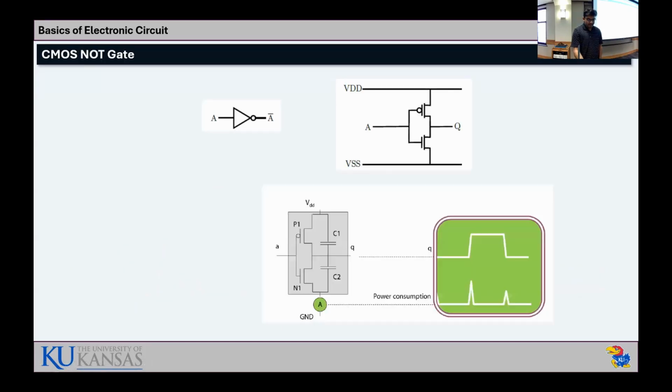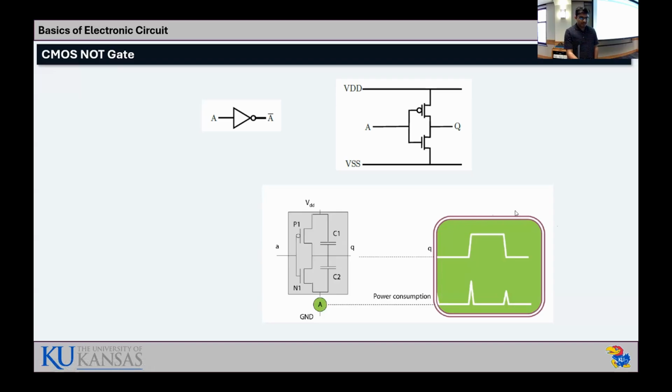And see, this is also a NOT gate, the symbolic representation of the NOT gate. If you are changing some inputs, you'll see that there are spikes with every change of the input.